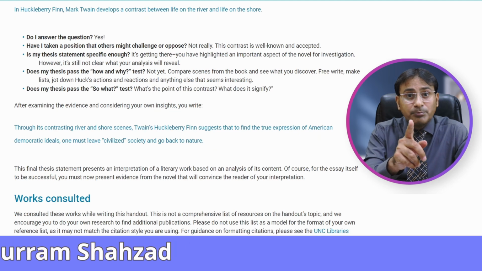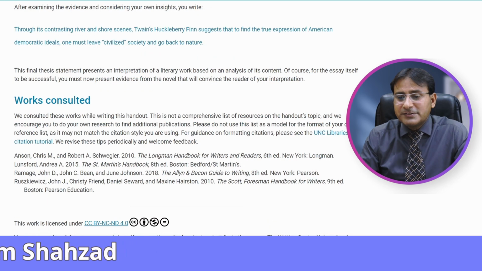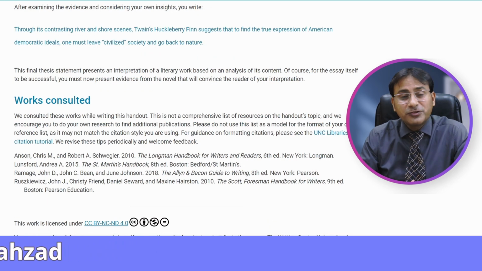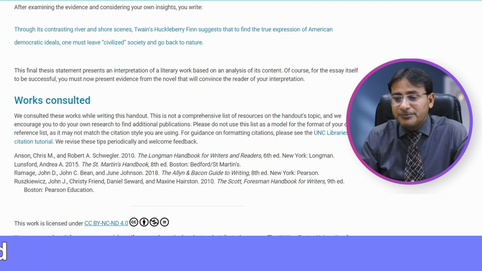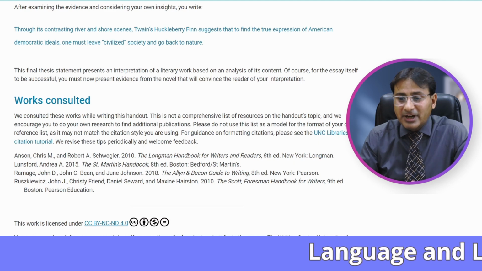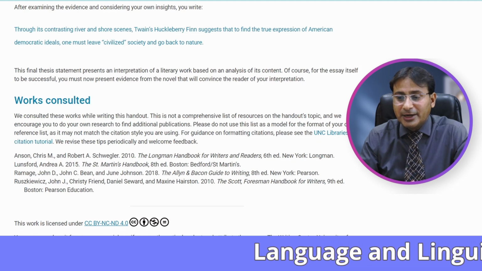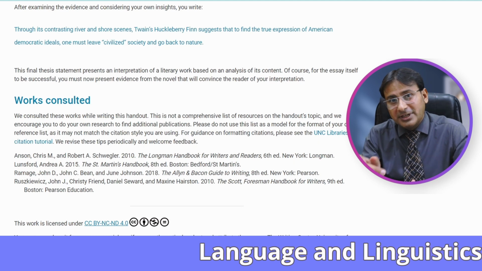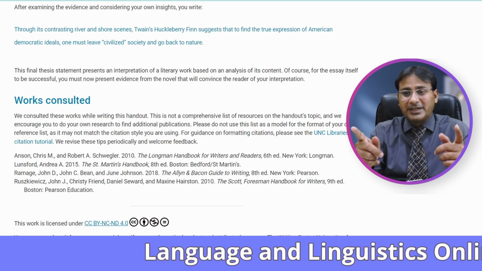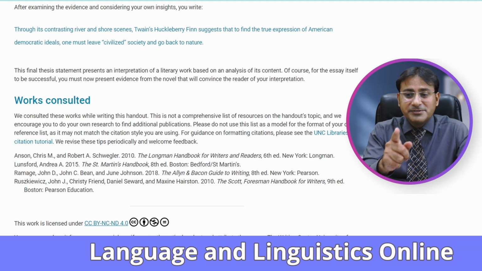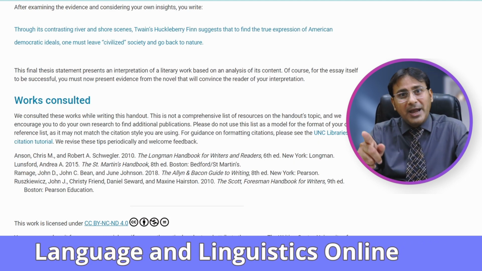Now look at the improved thesis statement. Through its contrasting river and shore scenes, Twain's Huckleberry Finn suggests that to find the true expression of American democratic ideals, one must leave civilized society and go back to nature. Here one can see the position that the author has taken: one must leave civilized society and go back to nature.